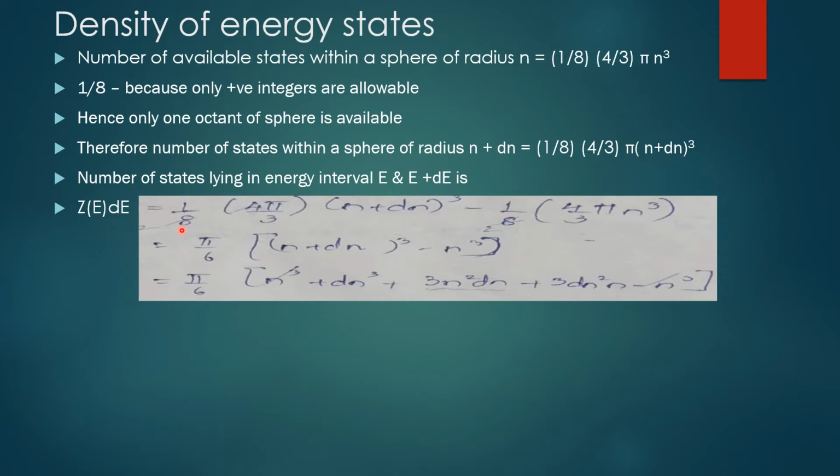This 4 into 2 is 8, and 2 into 3 is 6. So taking π/6 common outside the bracket, inside the bracket it is (n + dn)³ − n³.